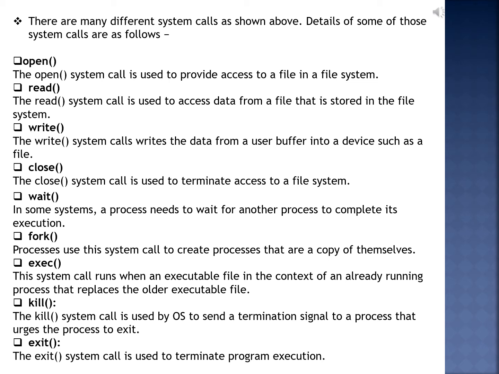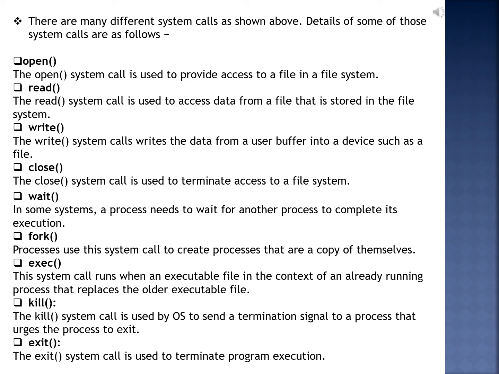The next one is fork. Processes use this system call to create processes that are a copy of themselves. With the help of this system call, a parent process creates a child process and the execution of the parent process will be suspended till the child process executes. The next one is exec.